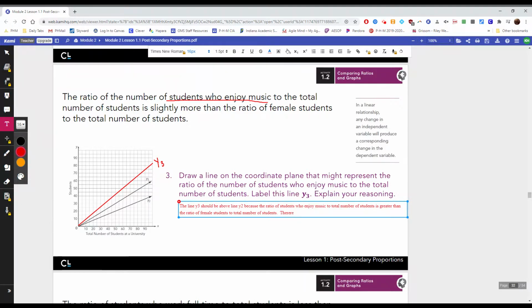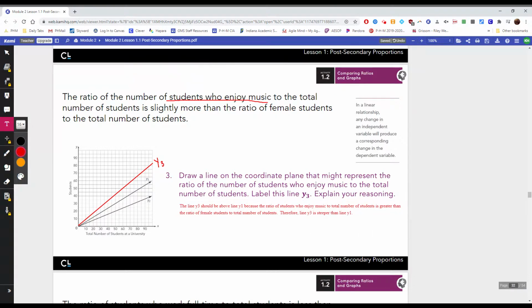Therefore, line y sub 3 is steeper than line y sub 1. Sorry, I said y sub 2 there. Let me fix that. It should be line y1. All right, hope that makes sense. If the ratio is bigger, then the line is going to be steeper than the female one.